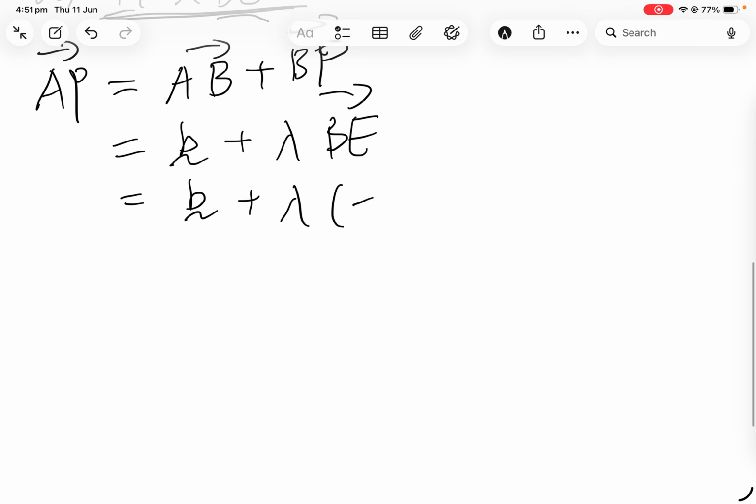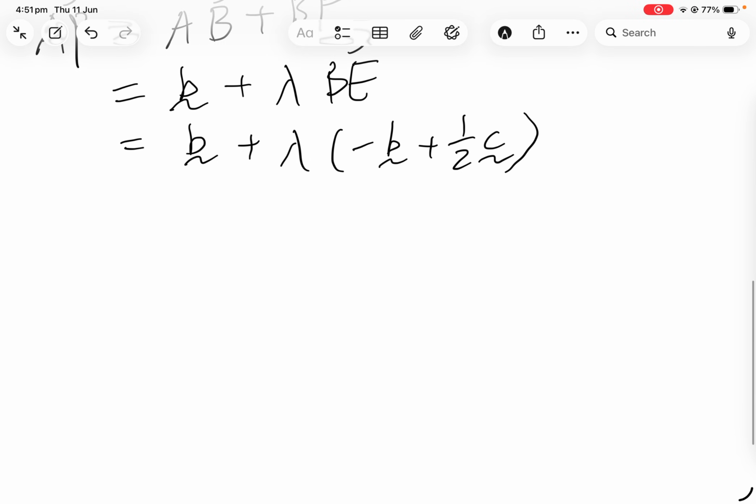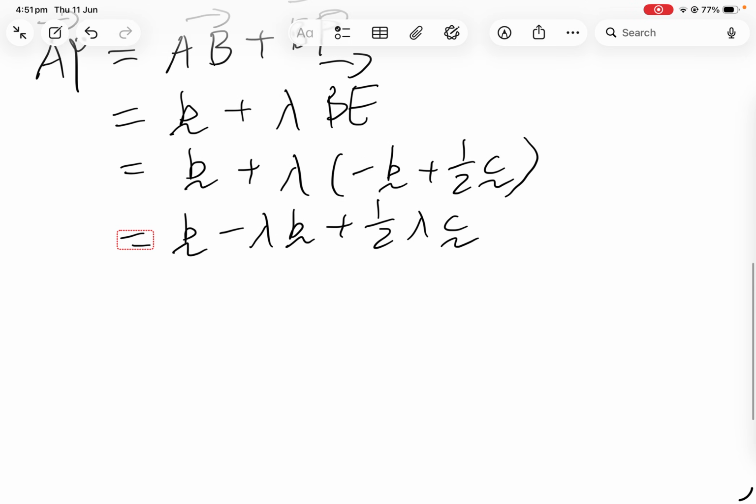And that equals b minus lambda b plus a half lambda c. And that's it, because we can't simplify this more.